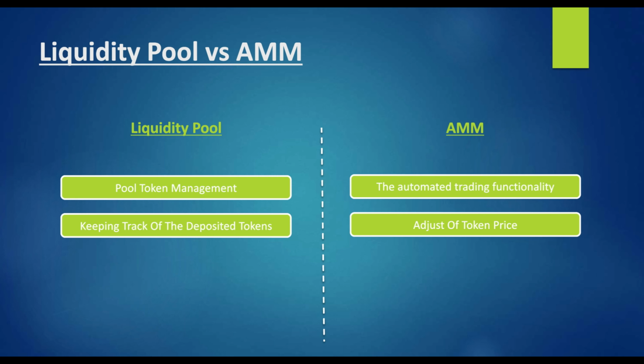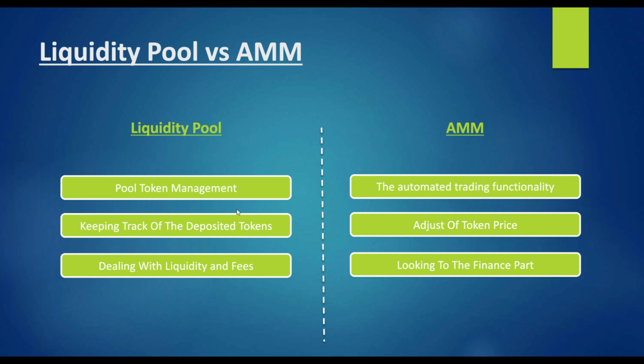So this is done by the AMM. And dealing with liquidity and fees is done by the liquidity pool. As I told you, whenever you are dealing with liquidity pool, you have to pay a certain amount of fees, and this is done by the liquidity pool. When we talk about AMM, they are looking at the finance part, like how the automation and everything will be done, how people will be able to trade on the smart contract.